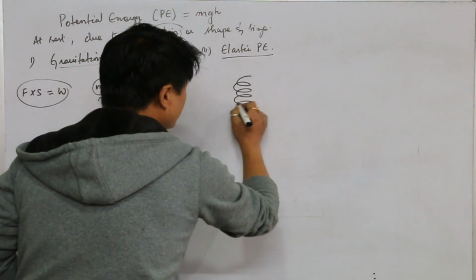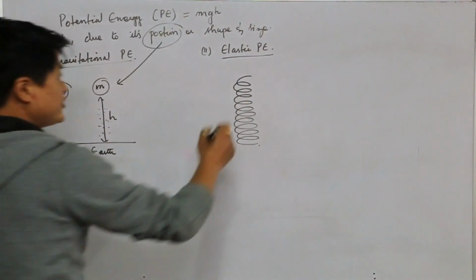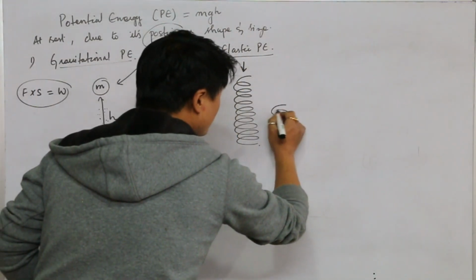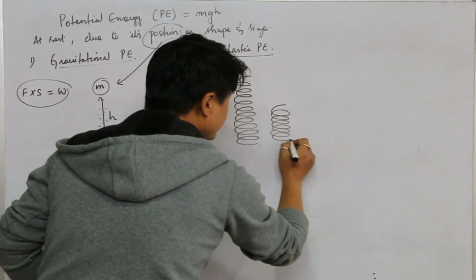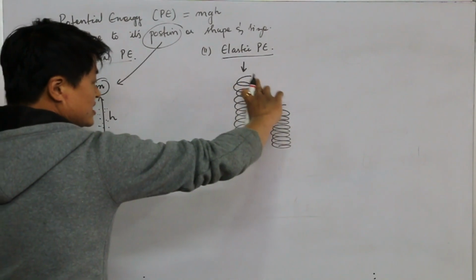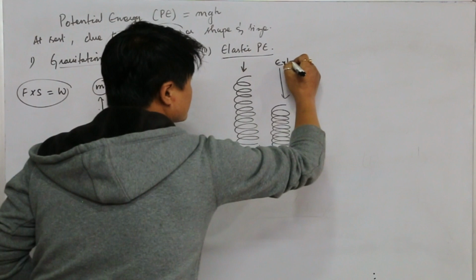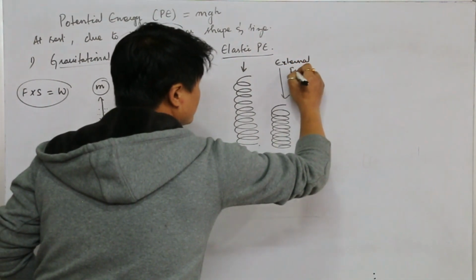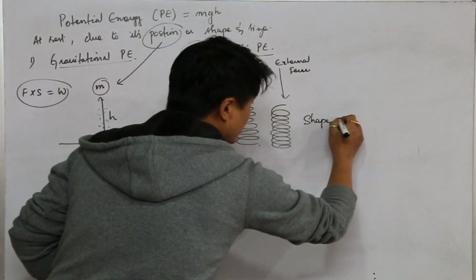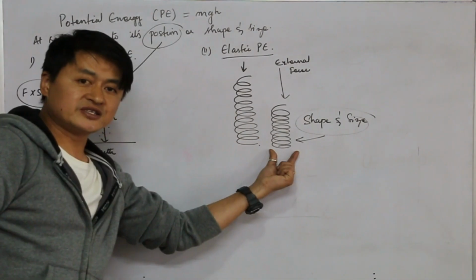If you have a coil here or spring here, and if we apply here external force, when we apply external force, the coil will be deforming its shape and size. So the coil was like this. Now because of the external force, the shape and size of this coil is deformed.